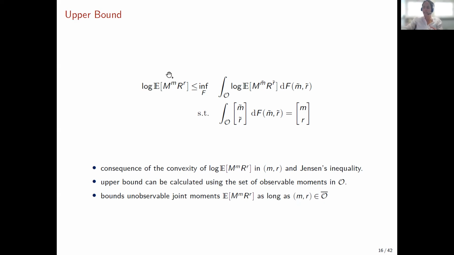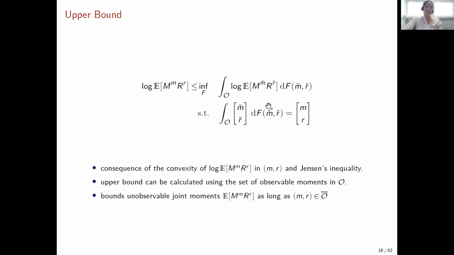Okay, so what's the idea? When M and R are in the convex hull of the observable set, it can always be expressed as a convex combination of points M tilde and R tilde, which are also in the observable set. Now, Jensen's inequality tells us that we can always upper bound the CGF by the convex combinations of points M tilde and R tilde in O with the same weights.